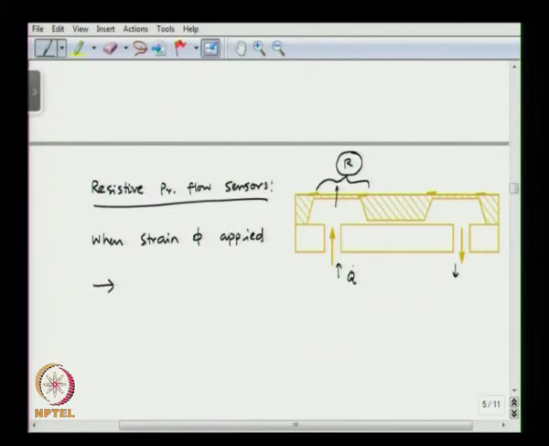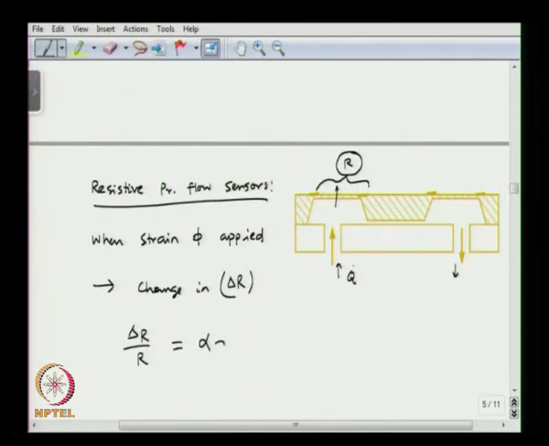So, when the strain phi is applied, we would have a change in electrical resistance. So, this delta R over R is going to be a function of strain.